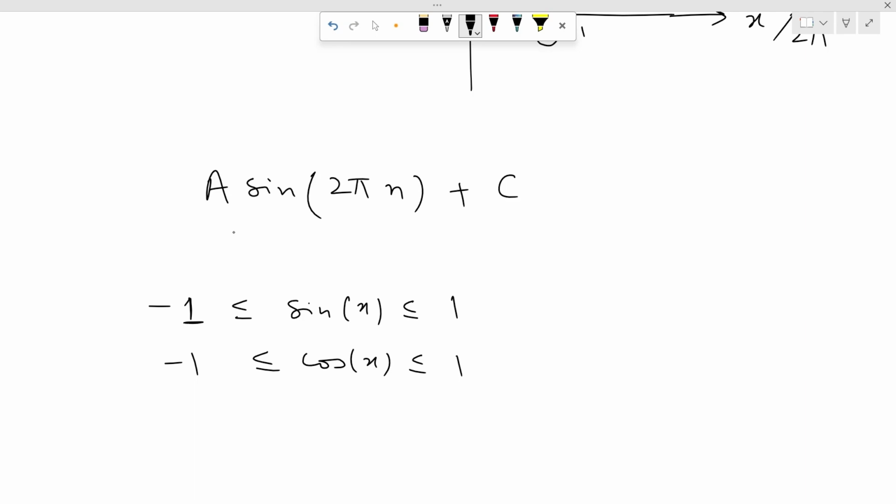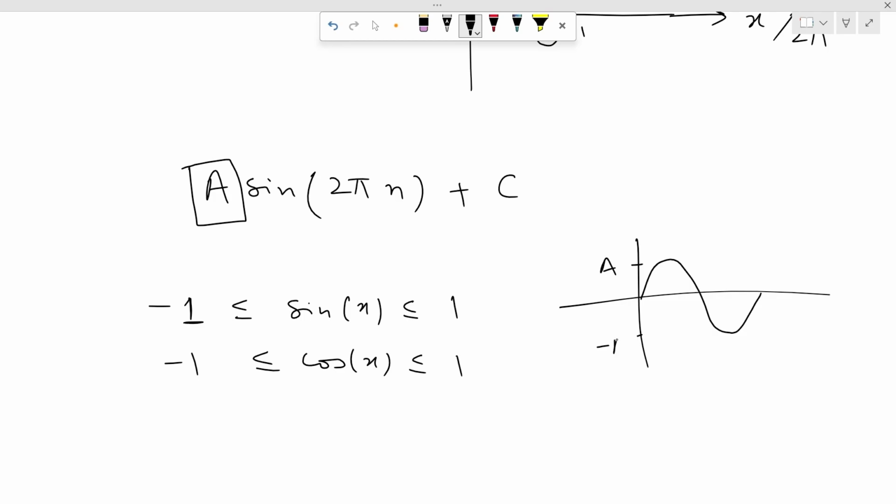So this A here stands for amplitude, and this will scale the sine and cosine functions, which means that the sine and the cosine are now scaled to a value of a and minus a. This is the amplitude of our periodic function.